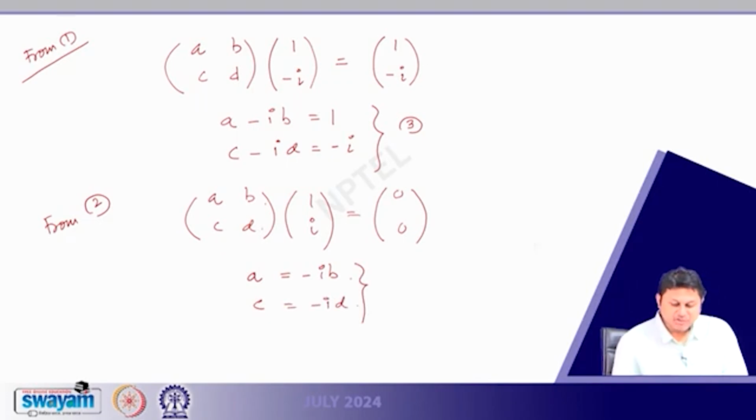Here we have 4 unknowns A, B, C, D and 4 equations, a set of equations in 3 and a set in 4, and we can use these.